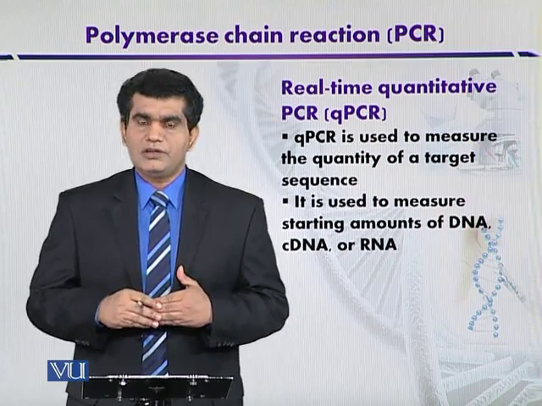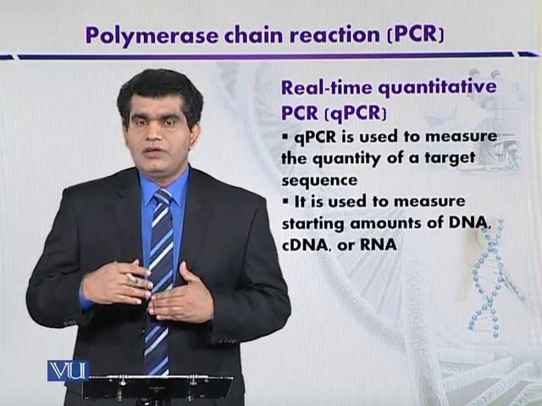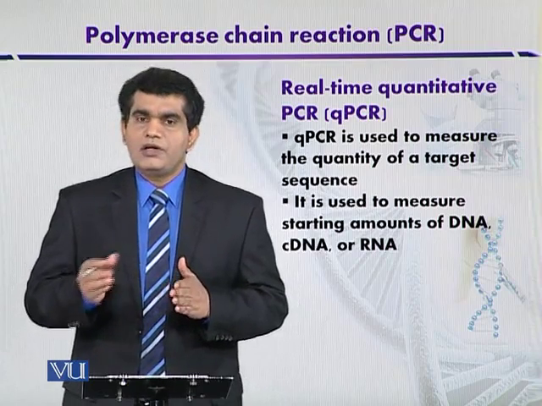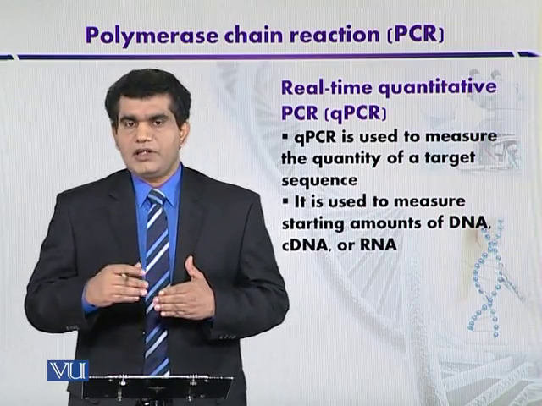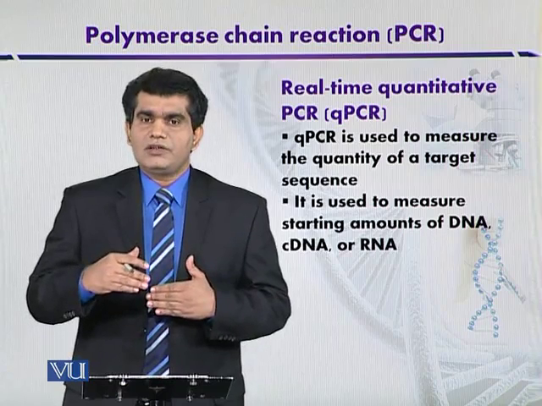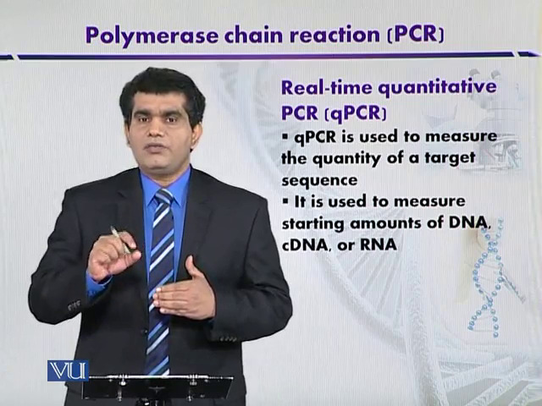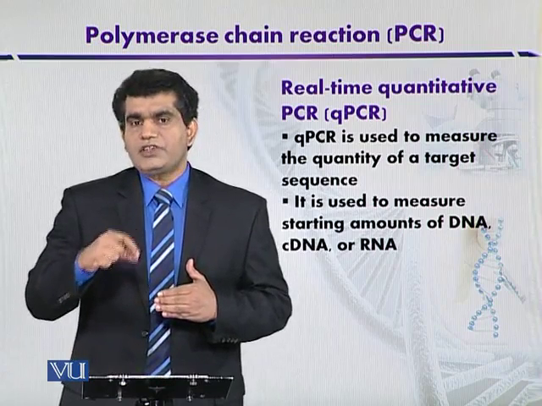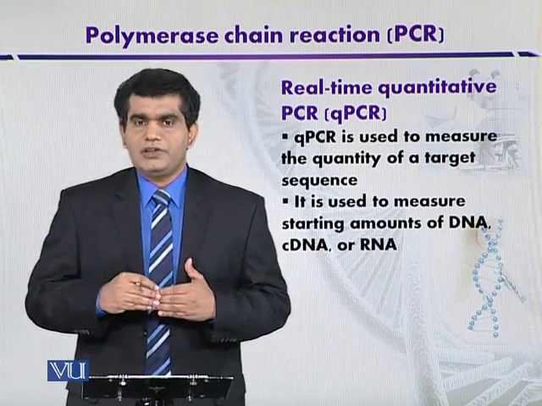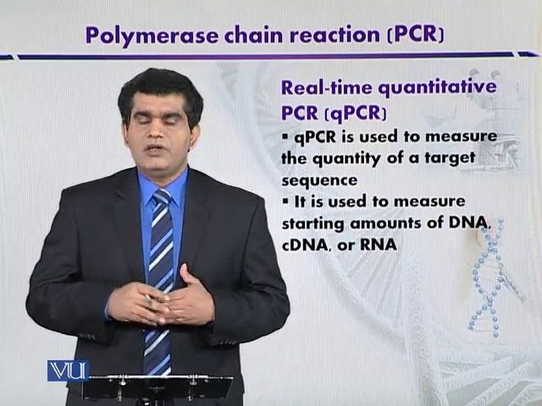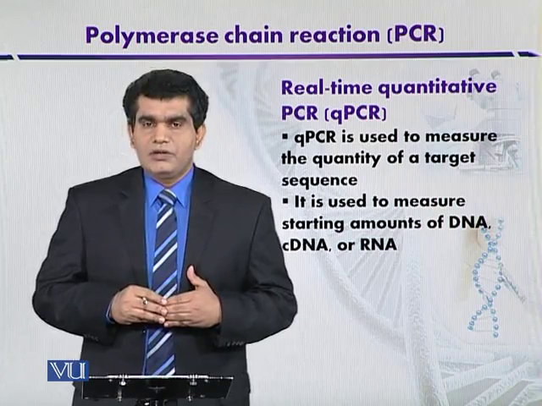And this technique is more satisfactory or suitable when we compare it with other techniques, where the quantification of DNA is done after a fixed number of cycles have been completed. So over that technique, this real-time quantification is more satisfactory.